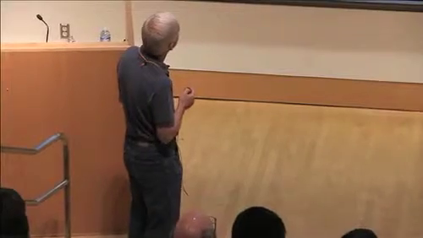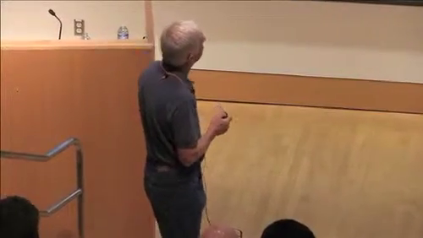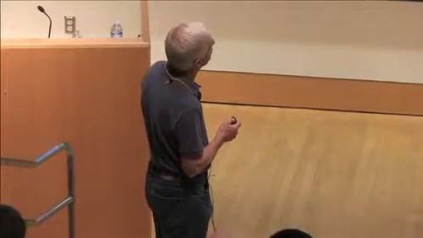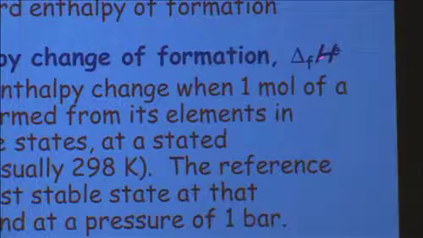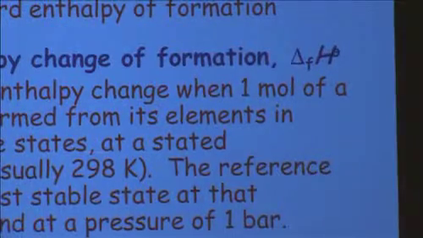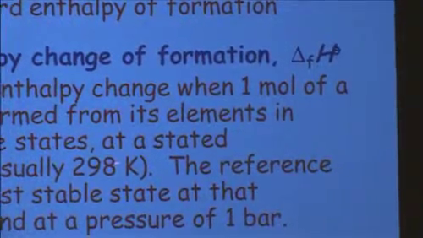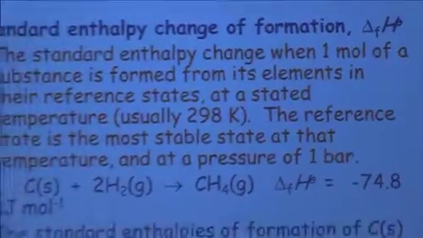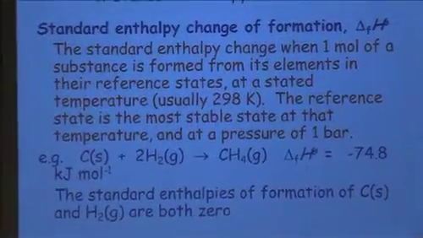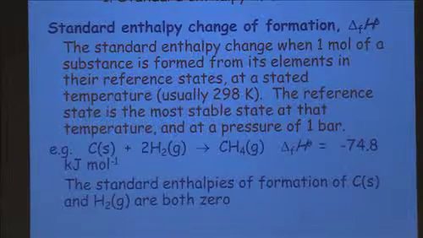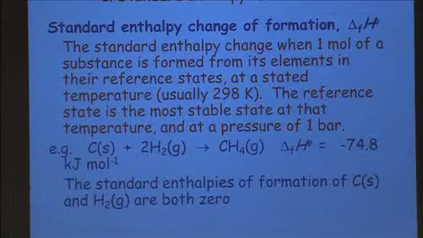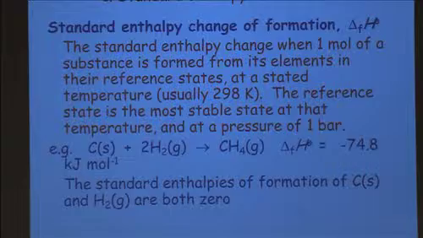The standard enthalpy change of formation, which is given the symbol delta_f H with this standard sign, which indicates 1 bar pressure, is the standard enthalpy change when 1 mole of a substance is formed from its elements in their reference states at a stated temperature, usually 298 K. The reference state is the most stable state at that temperature and at a pressure of 1 bar.